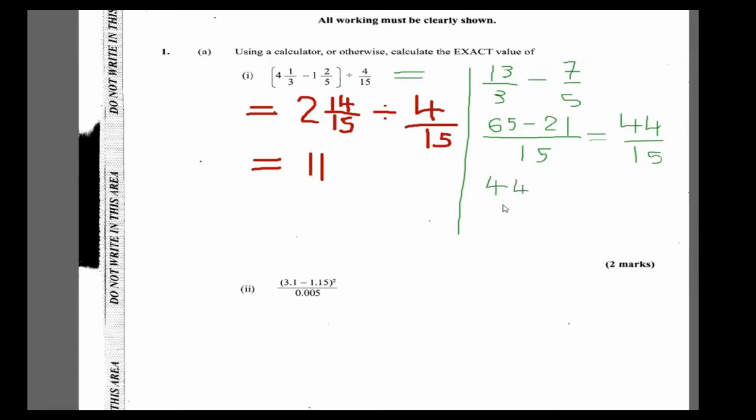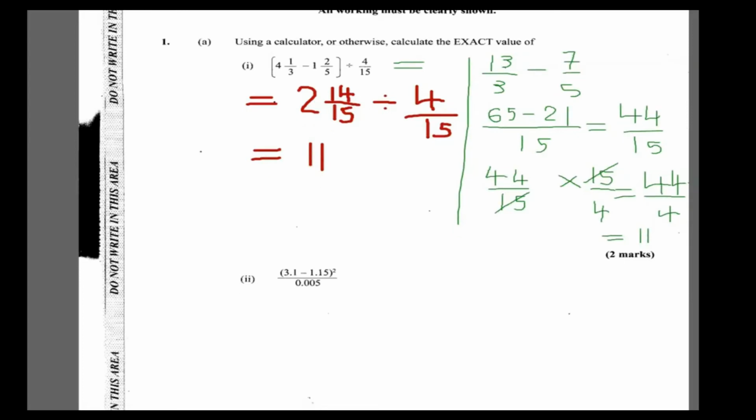When you're doing division, you change the sign to multiplication, and then you flip it. So it becomes times 15 over 4. Now this 15 cancels this 15, and so the answer works out to be 44 over 4. But 44 over 4 is 11. So this is if you wanted to work it out. But my best bet is, since it's 2 marks, just put it in a calculator. Don't waste any time. But that's how you do it otherwise.